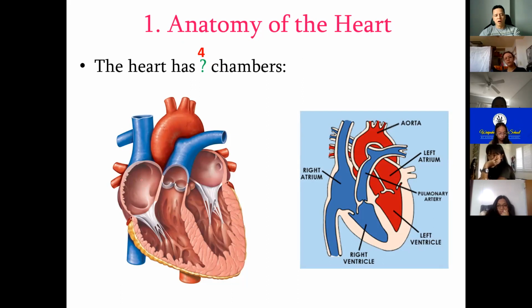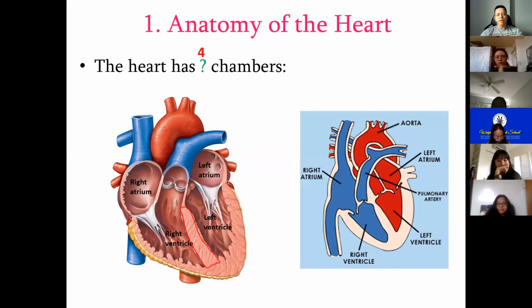So we have a total of 2 atria. We have the right atrium and the left atrium. Atria is plural, atrium is singular. And we also have 2 ventricles, a right ventricle and a left ventricle. Right here, separating the ventricles, we have this thick wall.